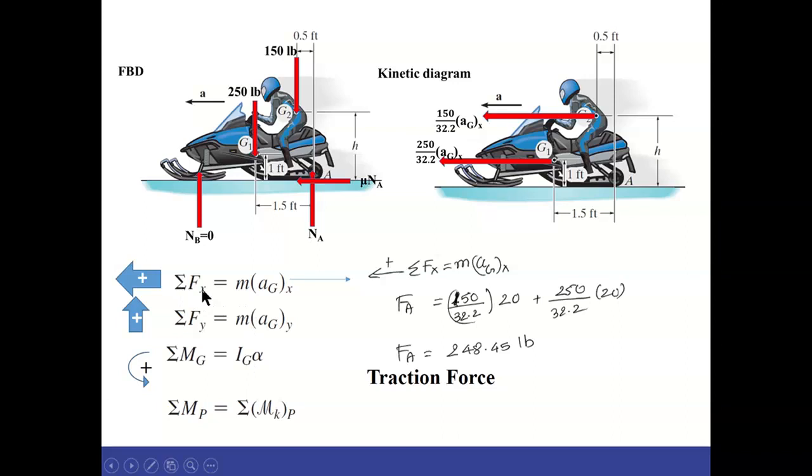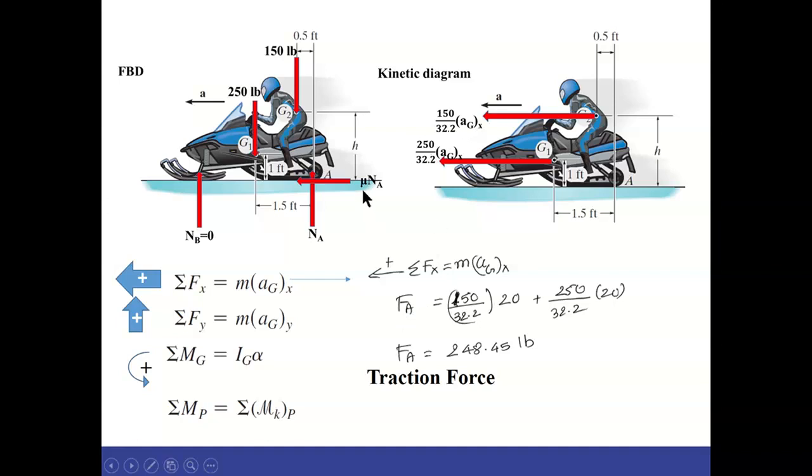So when you apply the first equation, that is the sum of forces in the x direction, it's mass times horizontal acceleration, then you can write this equation, where for horizontal acceleration you need to consider both the same acceleration of the rider as well as the snowmobile.